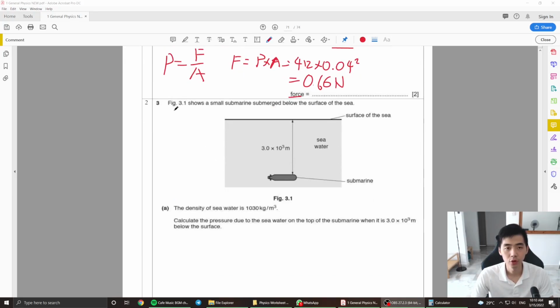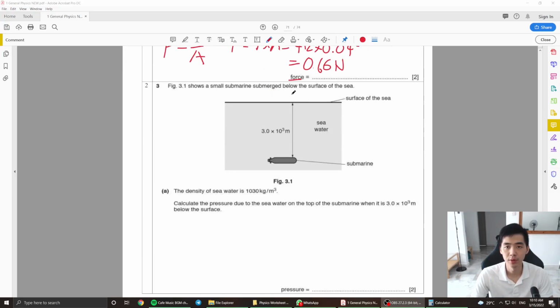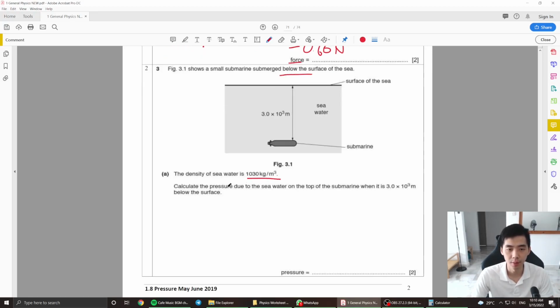Then after that, figure 3.1 shows a small submarine submerged below the surface of the sea. The density is this amount. Calculate the pressure when it is this amount below the sea. Yet again, pressure is equal to rho g h, which is going to be 1030 multiplied by 9.8 multiplied by the height, 3 times 10 to the power of 3.